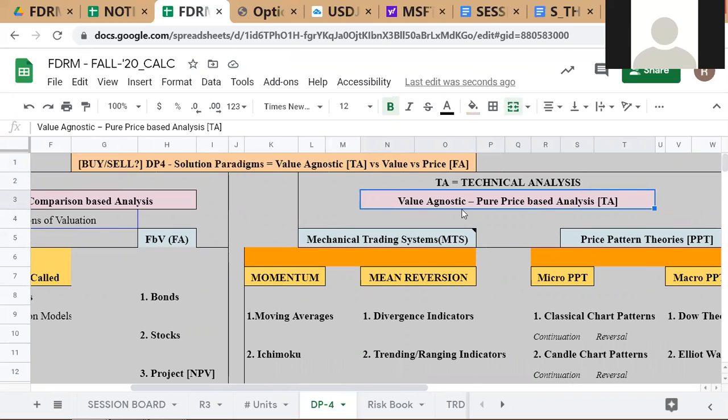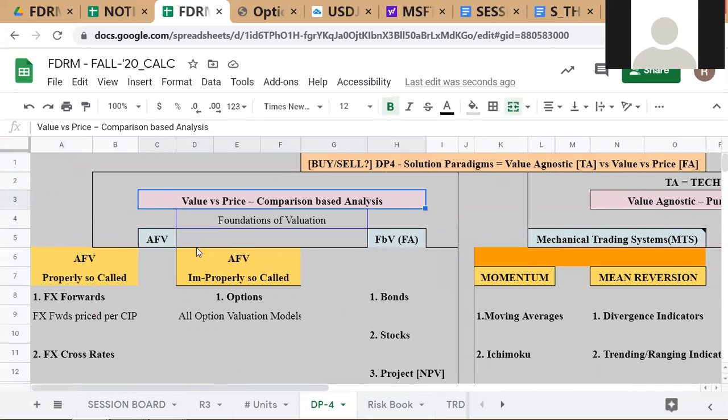It's not important to them. So it's value agnostic, this TA approach. This is also a legitimate approach which allows you to completely solve this buy-sell decision problem without any reference to what is called fair value here.